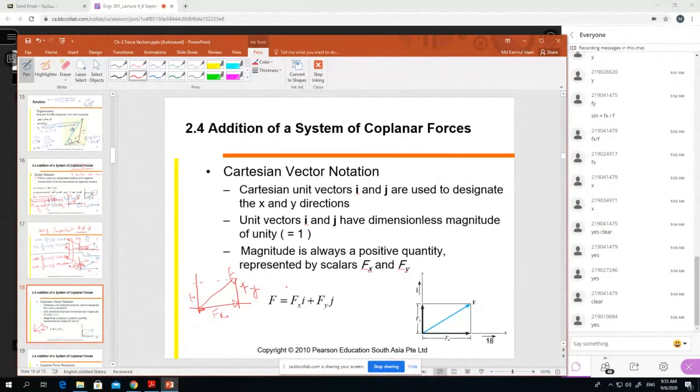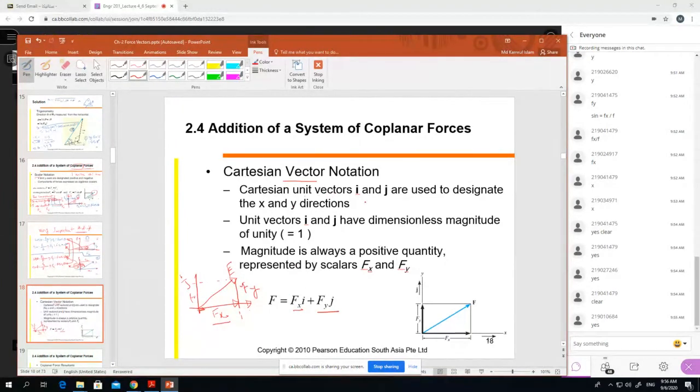Now, in vector notation, the x-axis is represented by unit vector i, and the y-axis is represented by j. The Fx force component is described by Fx i and Fy j.